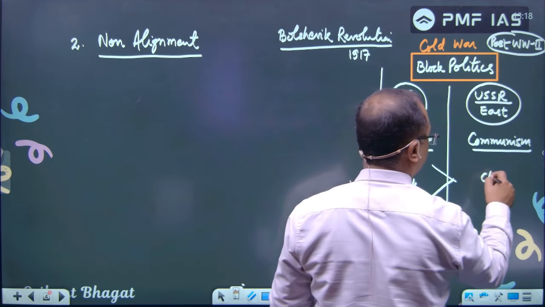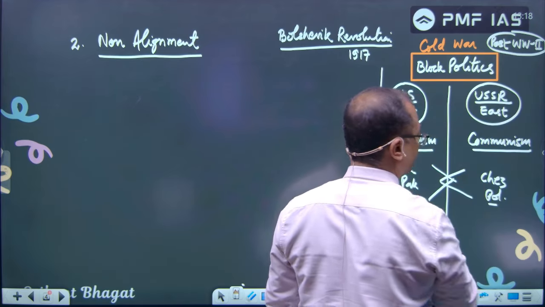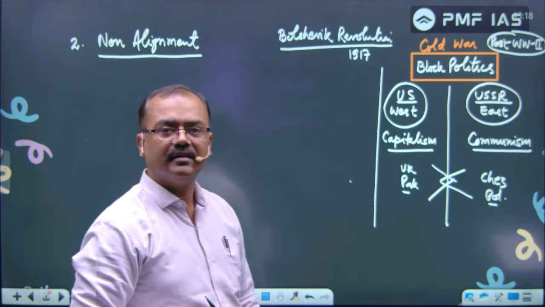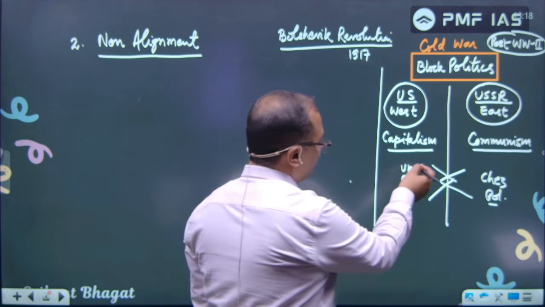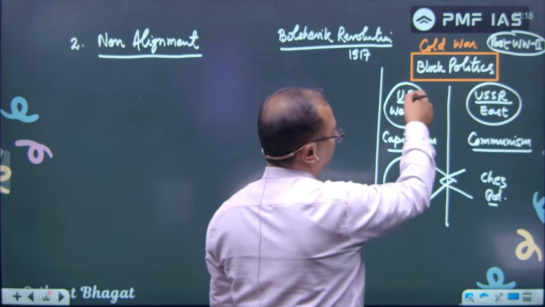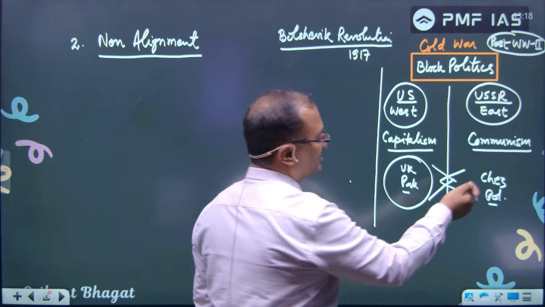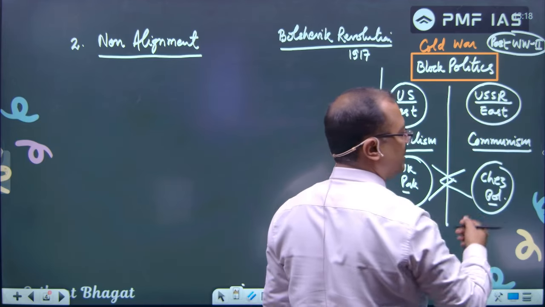And if Czechoslovakia and Poland are there, they will be enemies of the West. So in economic matters and military matters, the Western bloc will be getting help from the West only, and the Eastern bloc will be getting help from the East only.